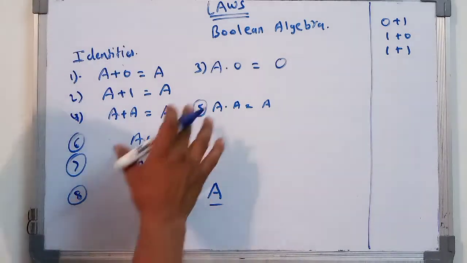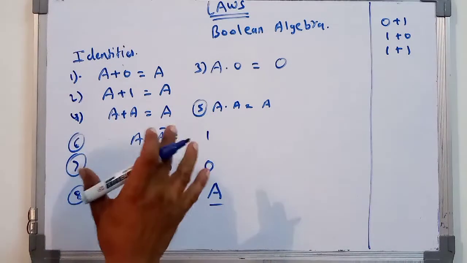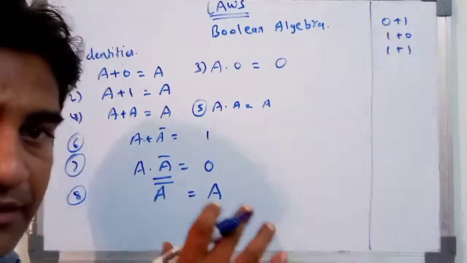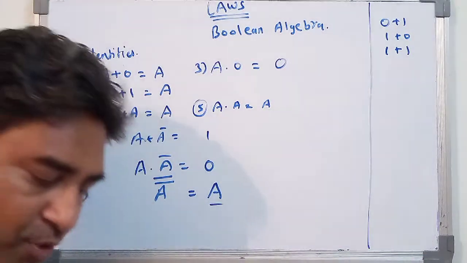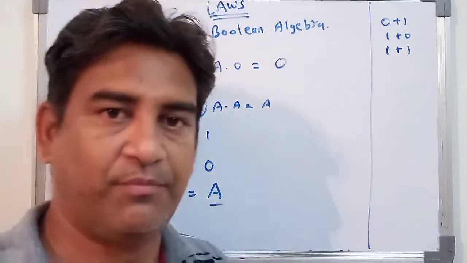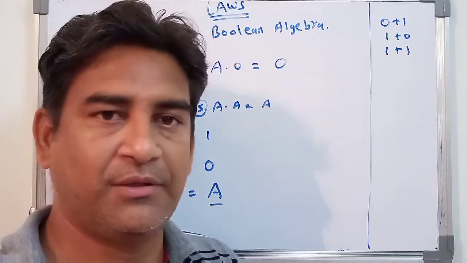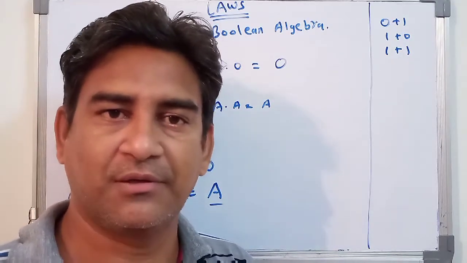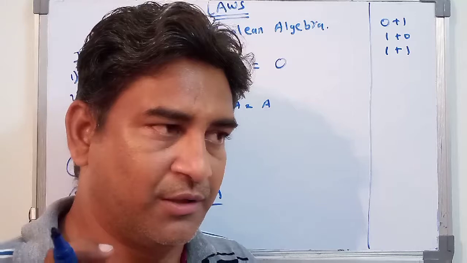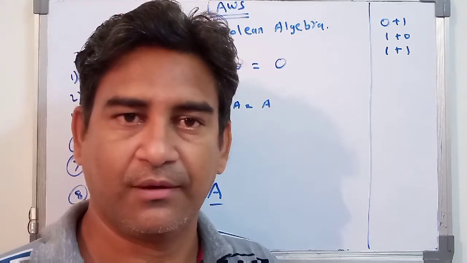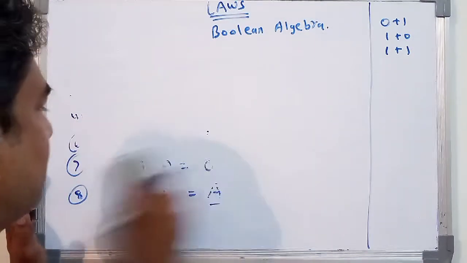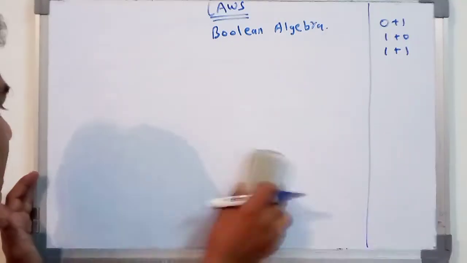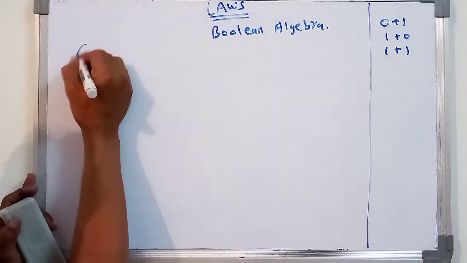So these are all the identities you have to keep in mind for solving problems. These problems are very important, students, because in the examination they are asked for 3 or 4 marks.